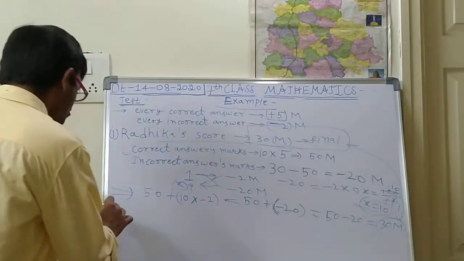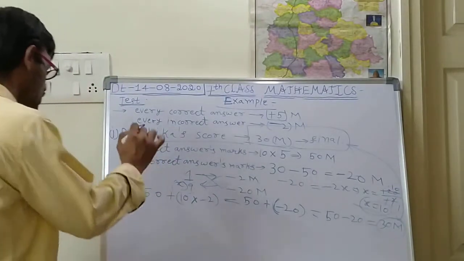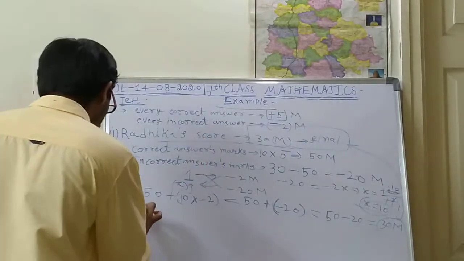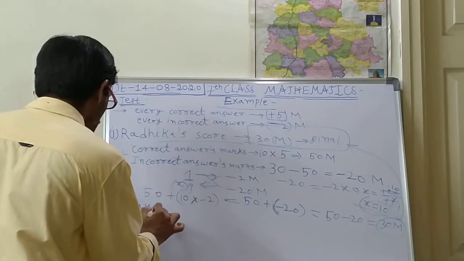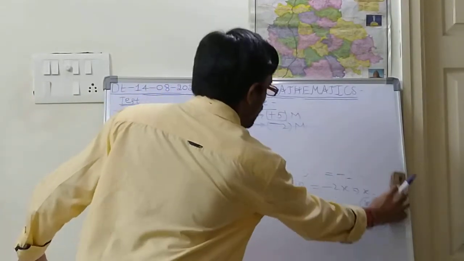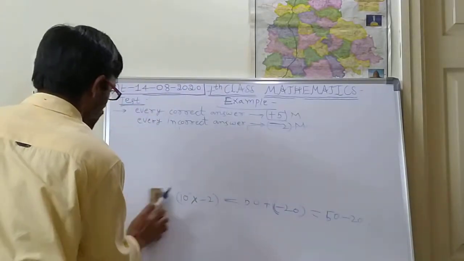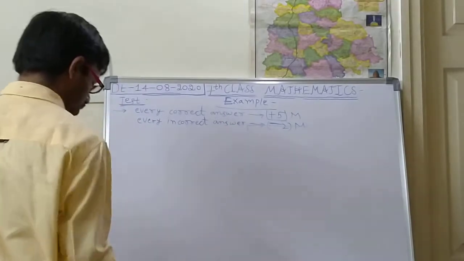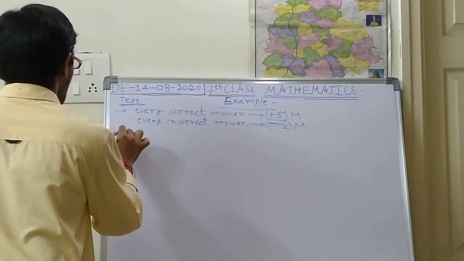Okay. Here one more student is there, another student. Who is the student? Jaya. I will rub this and write here: second student Jaya.